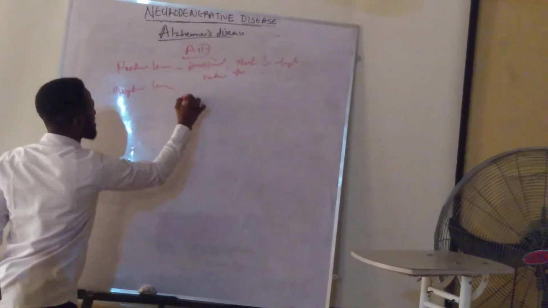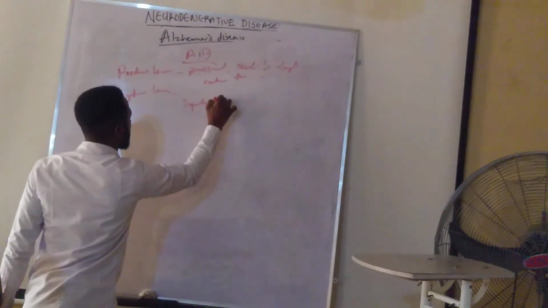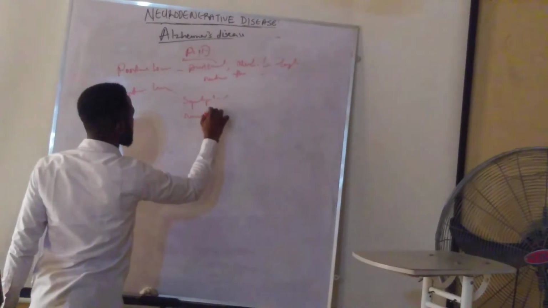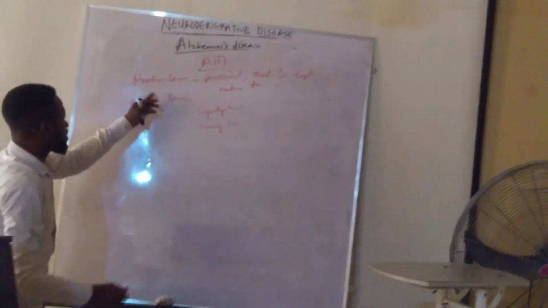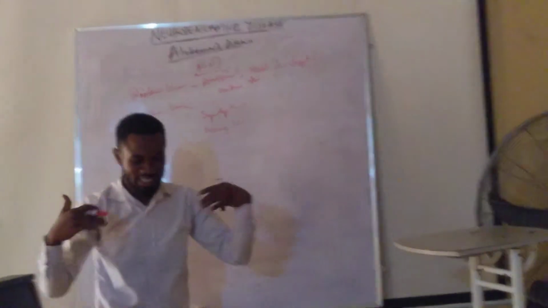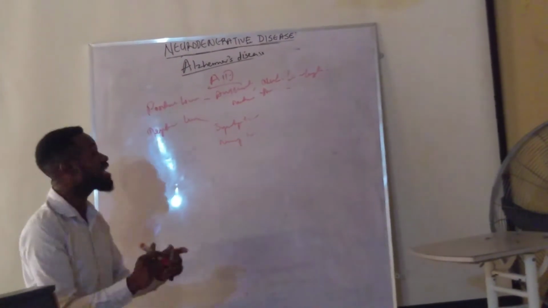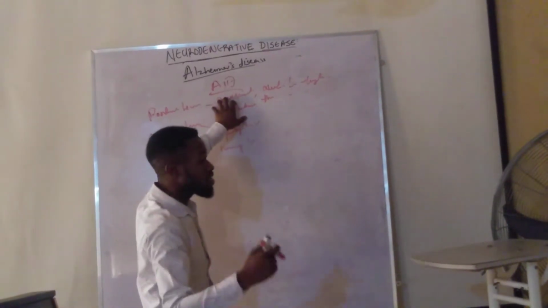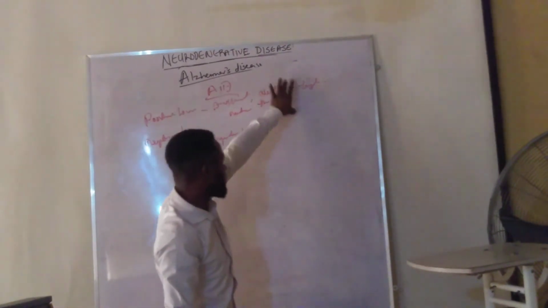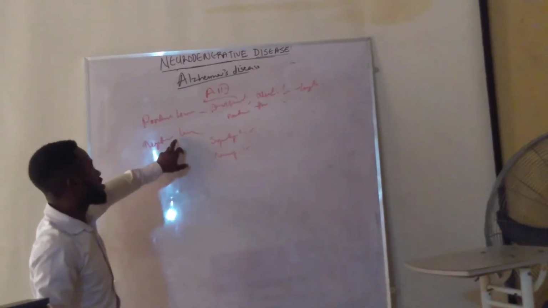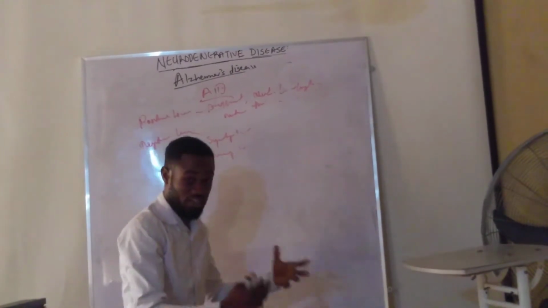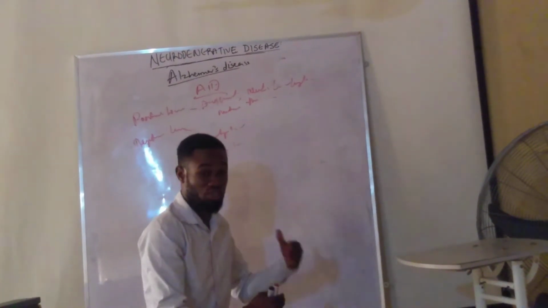Under the negative, we have the synaptic loss and the neuropil loss. Positive lesions are so called due to accumulation of deposits in the cell, probably in the tissue of the brain. The negative lesions involve atrophy, that is the greater loss of tissue.